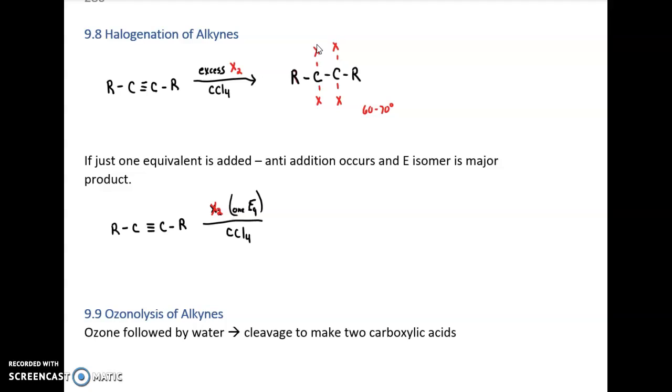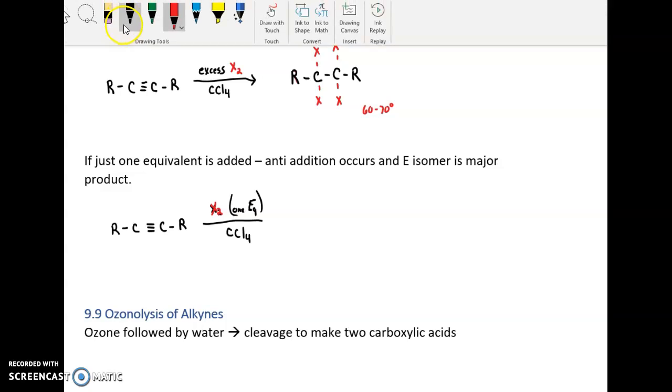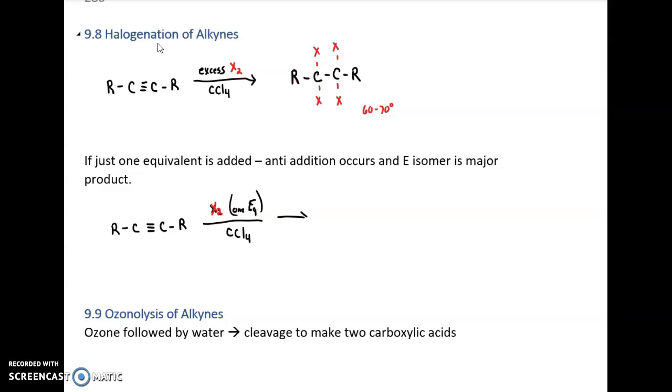Now, if we just add one equivalent, then we'll only get one addition, and a double bond will remain.